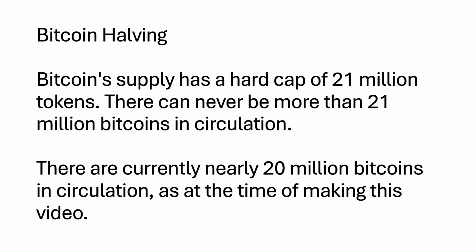Bitcoin halving. Bitcoin's supply has a hard cap of 21 million tokens. There can never be more than 21 million bitcoins in circulation. There are currently nearly 20 million bitcoins in circulation as at the time of making this video.